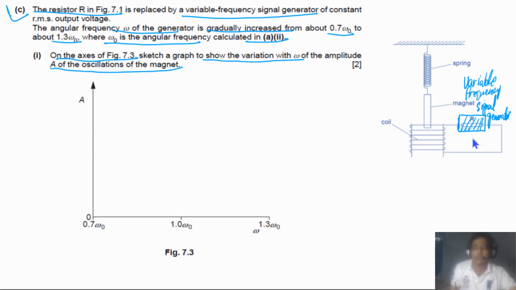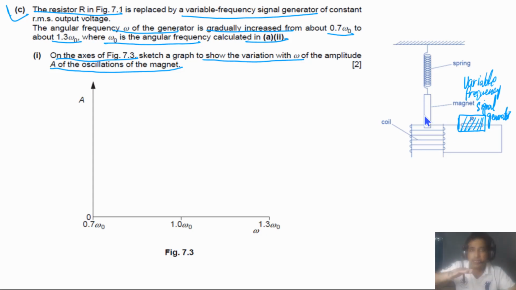So it will send alternating, variable current to this coil, and this coil will produce its own variable magnetic field, and the frequency of the generator we can change. So it simply means that we can change the frequency of the current, and also the frequency of the magnetic field.